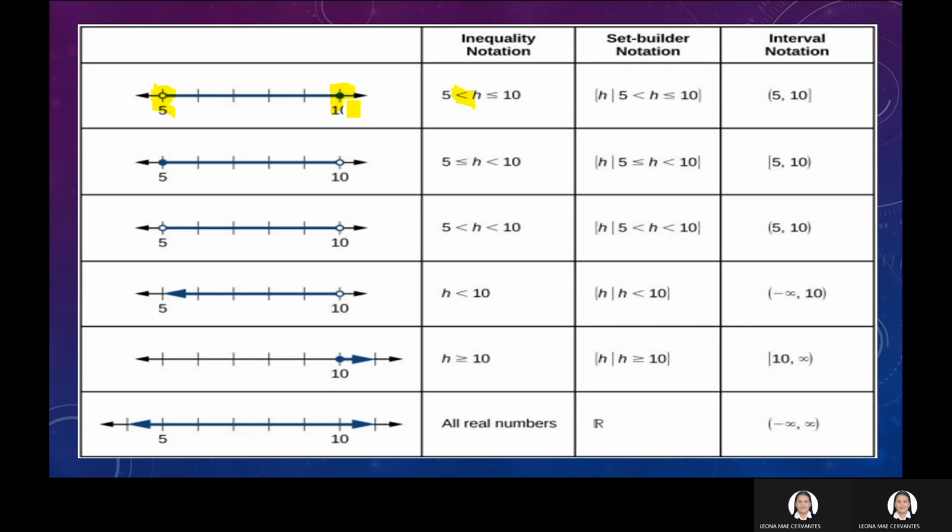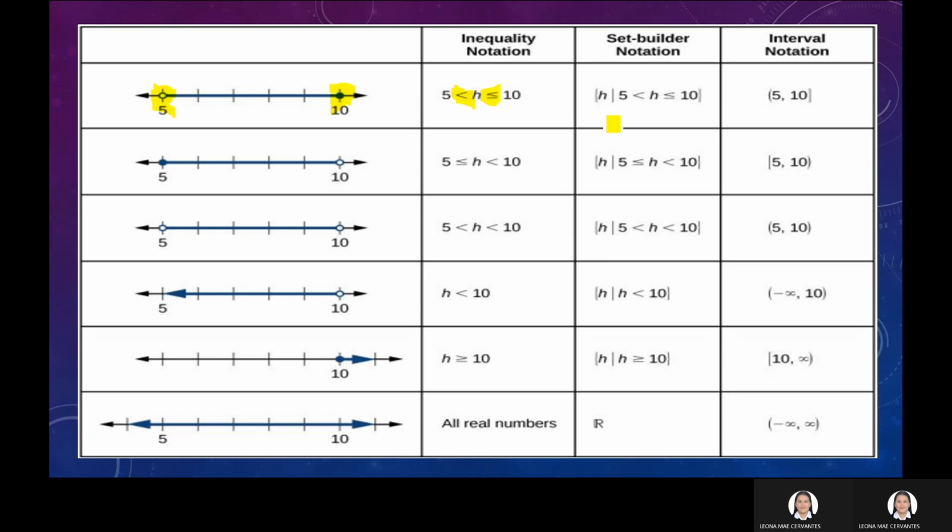If it is shaded or included, then we will put an underline or equal. Set builder notation, we have the set of all h such that 5 is less than h, and h is less than or equal to 10.